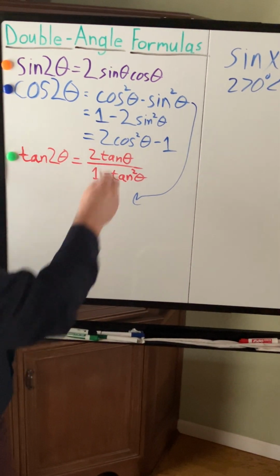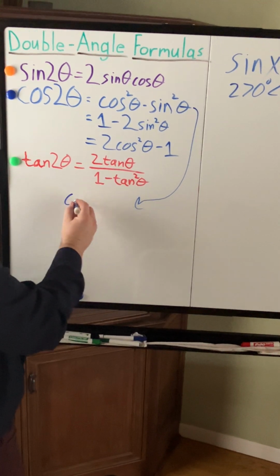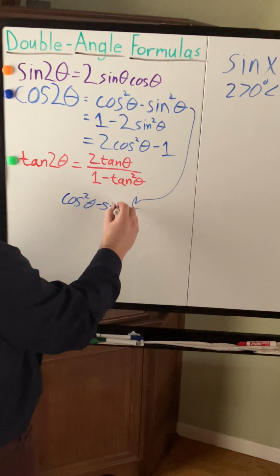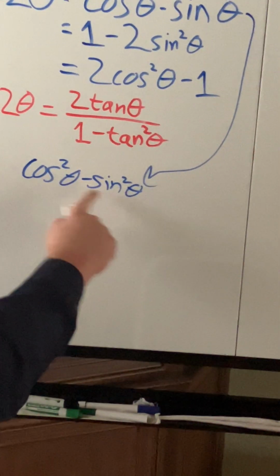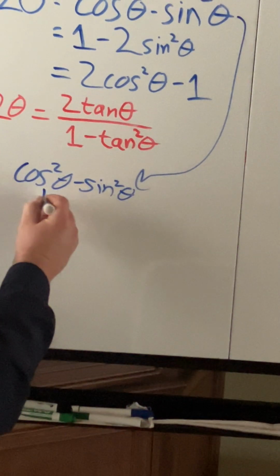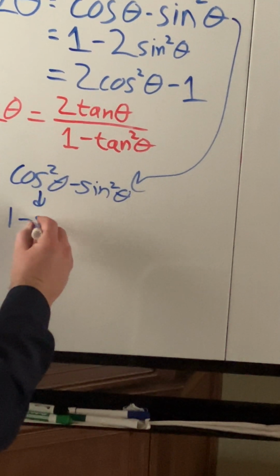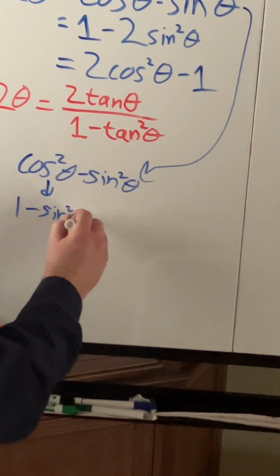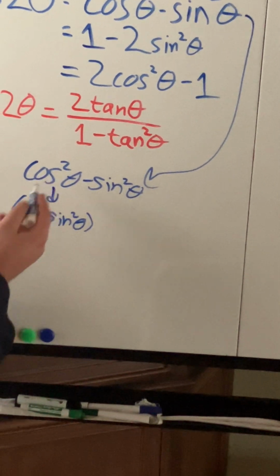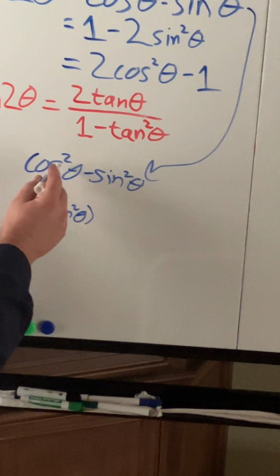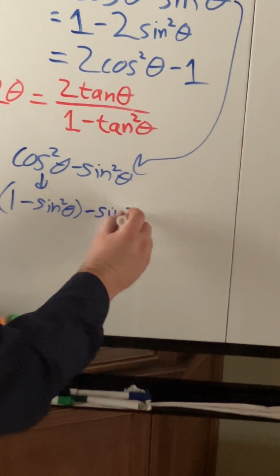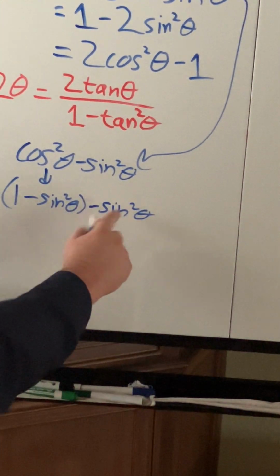If we take that first one and, knowing our Pythagorean identities for trig, cosine squared is equivalent to 1 minus sine squared, right? Because sine squared plus cosine squared equals 1. So then 1 minus sine squared minus sine squared, well, guess what?